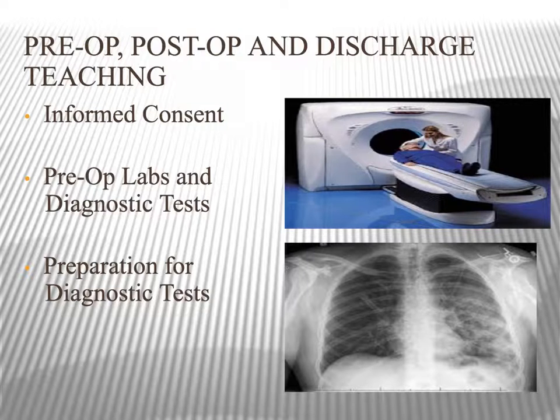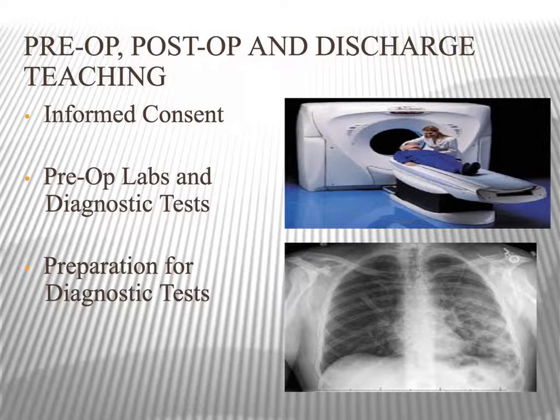Preop lab and diagnostic tests. There's a lot of things that we look at if a patient is going into a procedure. We want to make sure that they can safely undergo the procedure without any complications. So a lot of times we'll check their blood count, their kidney function, and their liver function to make sure that we have a good baseline of where the patient stands before the procedure, and if the patient can tolerate the procedure.